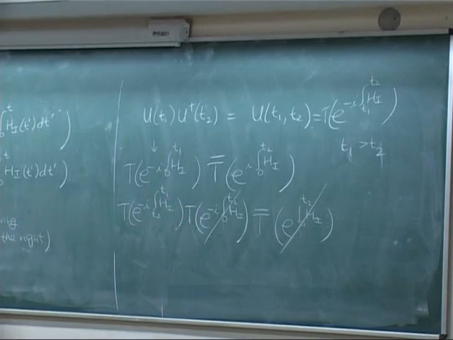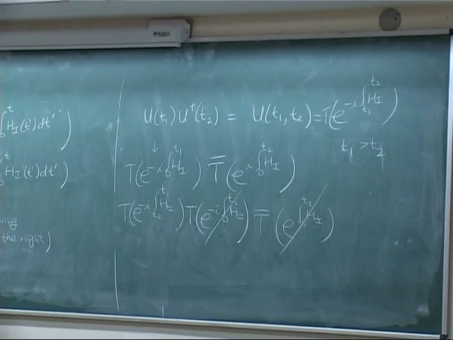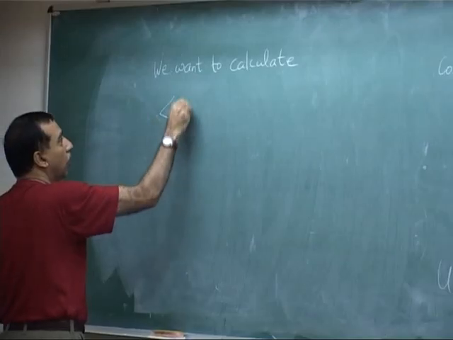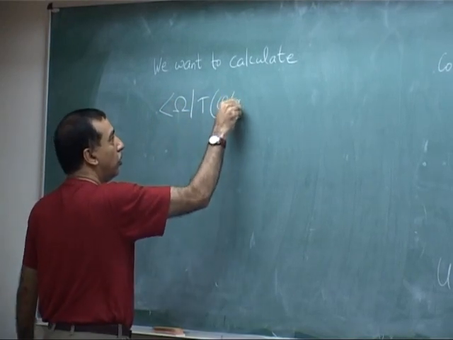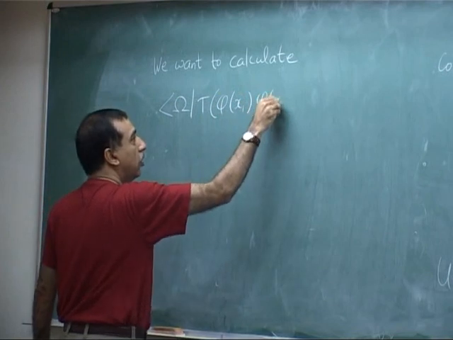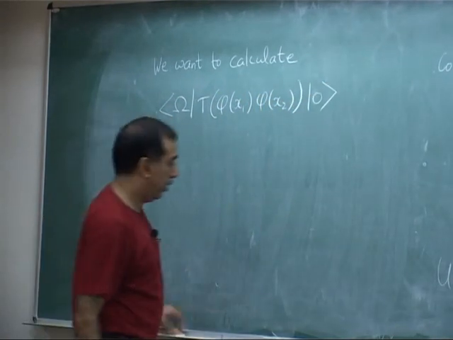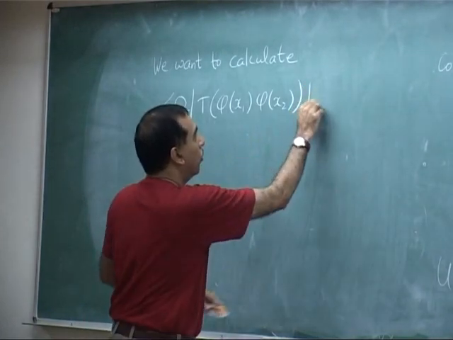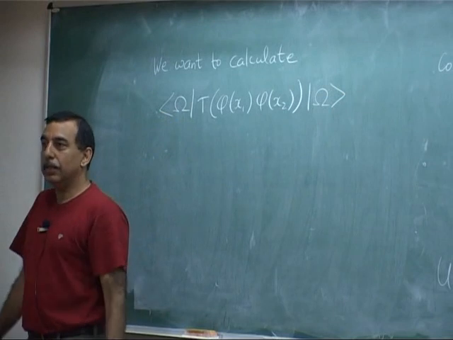So by now you are thoroughly tired of these manipulations and you want to see what use they are. Omega, the true vacuum, time ordered product of phi at x1, phi at x2, Omega. This is what we could call the full propagator.